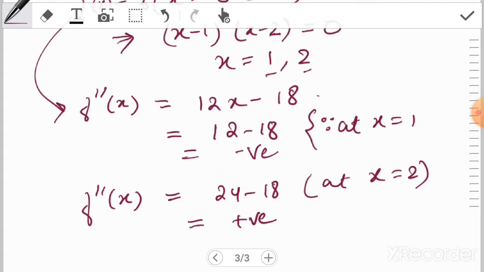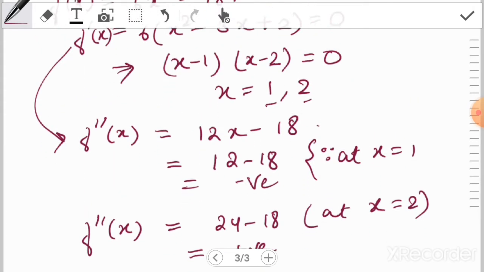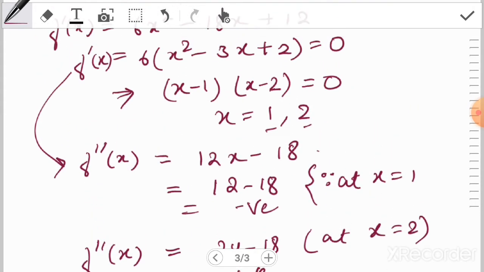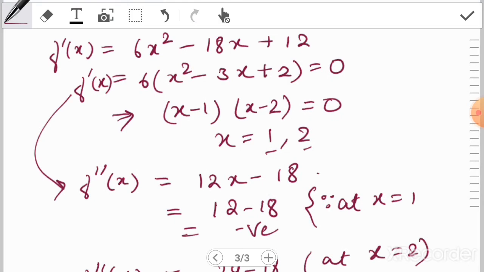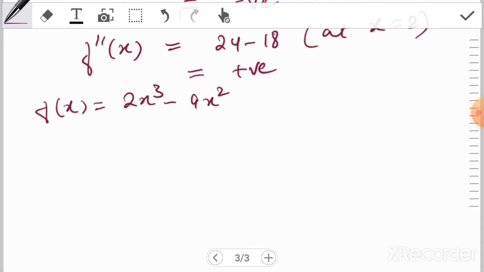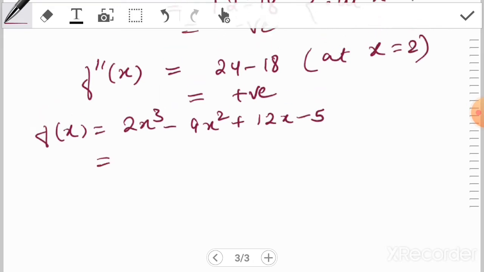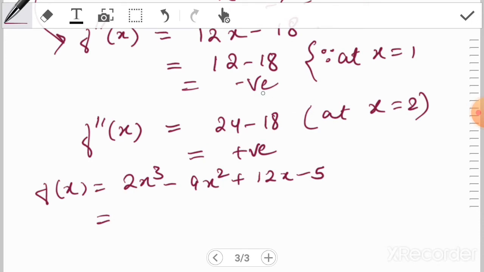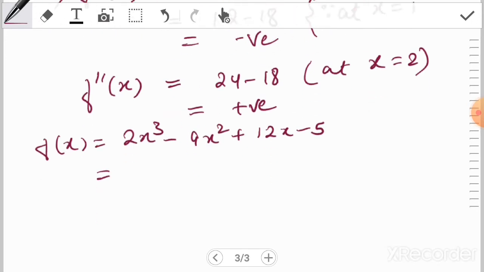Yes. So now let us put the value of x in the f(x) and then we can find the maximum and minimum value. So we had f(x) is equal to 2x cube minus 9x squared plus 12x minus 5. So now let us put the values of x. For maxima, let us put x is equal to 1.